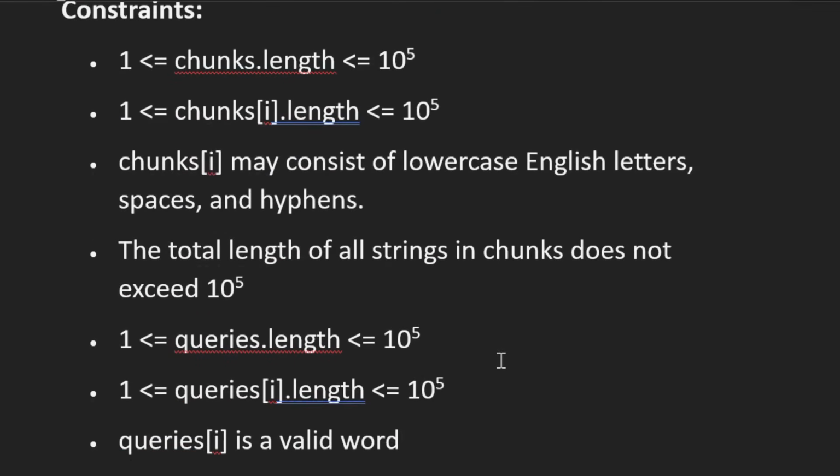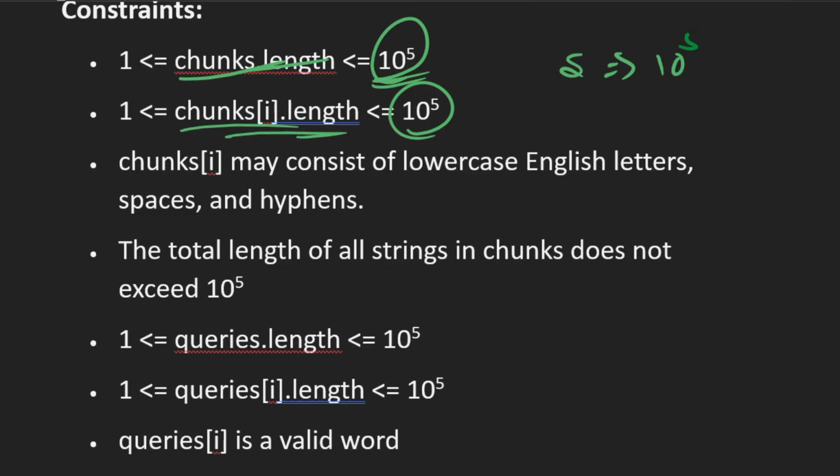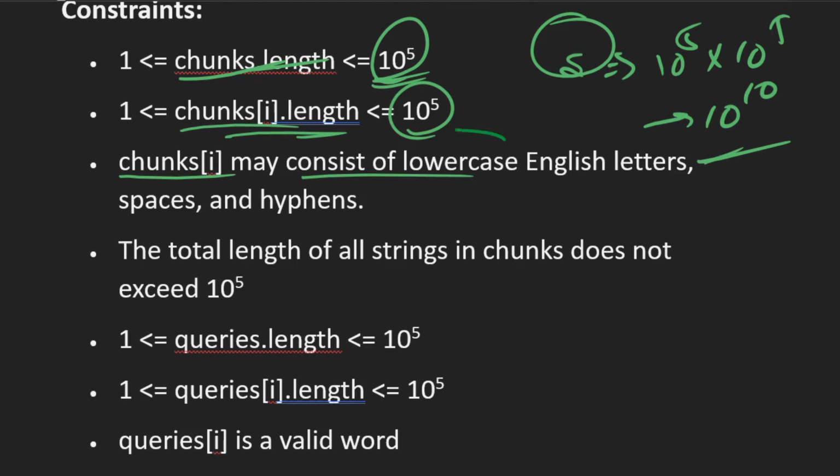So let's see the constraints. The total number of chunks can be up to 10^5, and each chunk can have a length of 10^5. So the string length can be 10^5 times 10^5, which is 10^10. And it is given that chunks[i] consists of lowercase English letters, spaces, or hyphens.